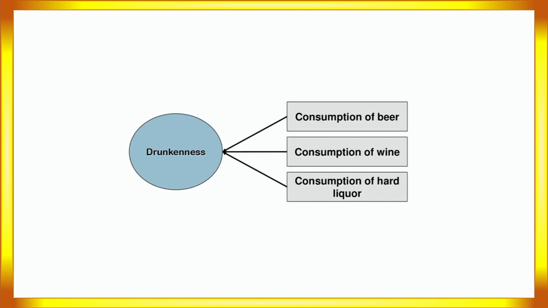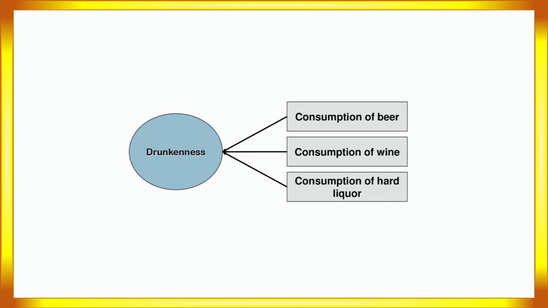Take the example where you are trying to measure the concept of drunkenness. How can this drunkenness be caused? It may be caused by the consumption of any particular alcoholic drink. You need not consume all these things together. If you consume one also, drunkenness can be caused.